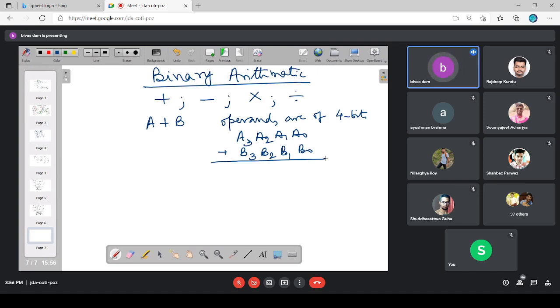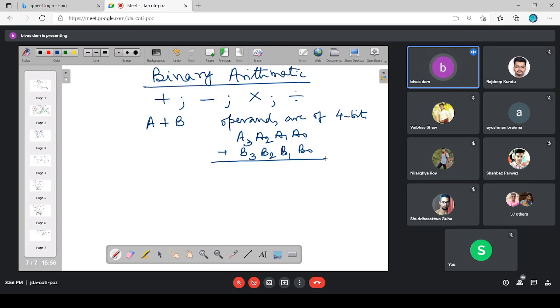Adding two 4-bit numbers, the result can be of how many bits at most? 4 bits? No, 5 bits. If you add two single-digit numbers, what can be the width of the result? Sir, 2. Similarly, the number of output digits will be one more than the number of input digits. Here the input digits are binary digits, so bits.